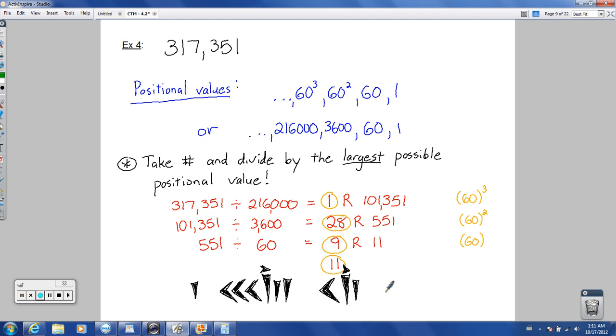And then finally 11. Leave a gap again. This is your last positional value. There's 10. And then one more for 11. So this here, the 60, I meant to write one more thing here, that was the one positional value here. So this is this one, the 60 is this one, the 60 squared is this one, and the 60 cubed goes with that first one there.